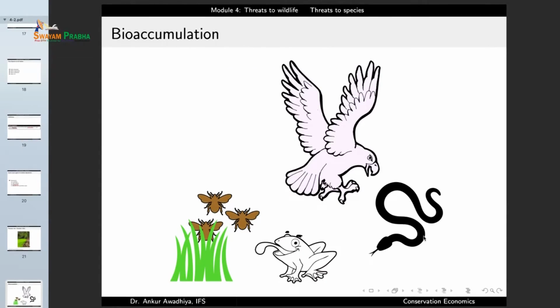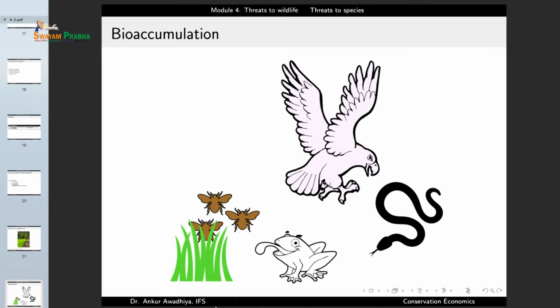Now, when we say bioaccumulation, what it means is that suppose we had sprayed an insecticide into the agricultural fields, and together with the wind, it has also reached other areas. It has reached grasslands, it has reached the forest areas. Now, these grasses also have a certain amount of pesticide.